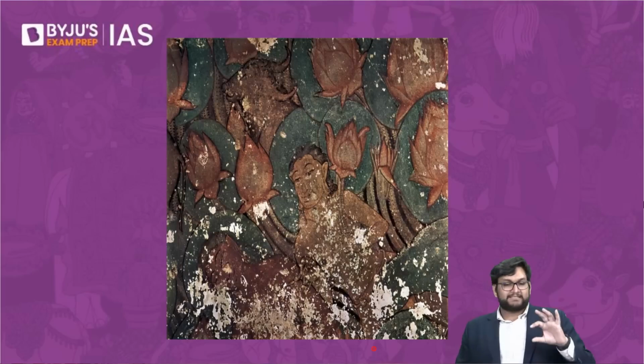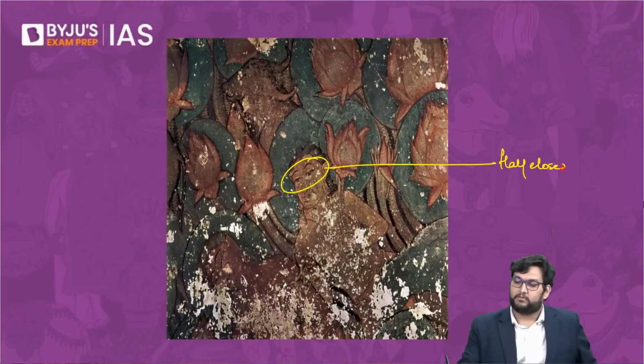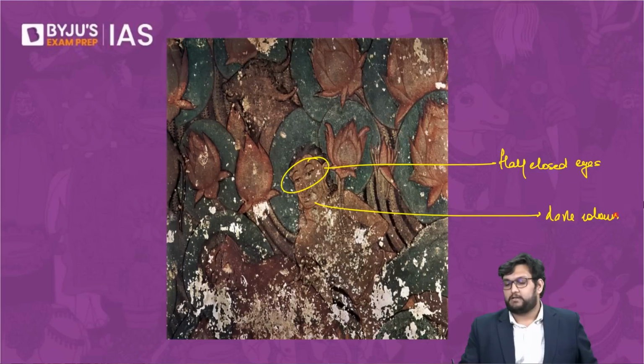In a way, the same exact pattern emerges even though it is Jain and even though it is thousands of kilometers away from Ajanta. We again have half closed eyes. We again have dark colors, and we again have the lips.